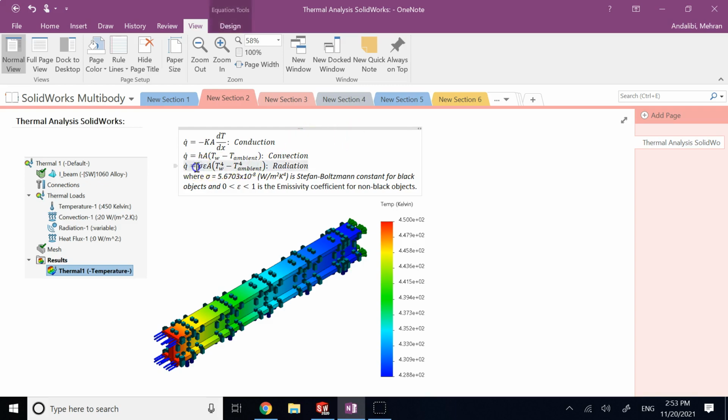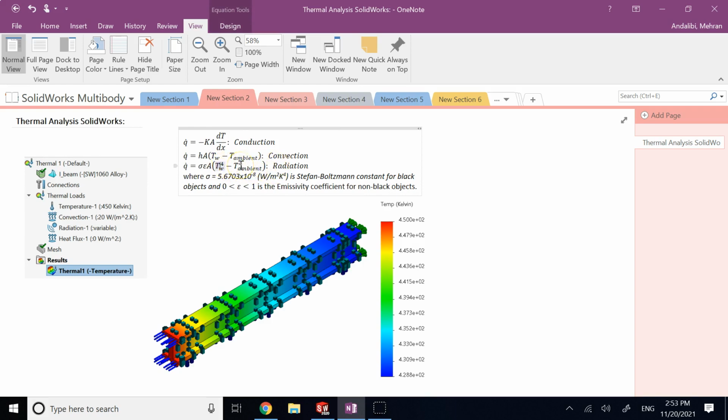And the heat transfer also could be done through electromagnetic radiation, where the heat flux can be written as the product of two constants, sigma and epsilon, times A. A is the cross section of the part that is doing the radiation. T of the wall again is the temperature of the surface that is radiating heat, and T of the ambient is the ambient temperature.